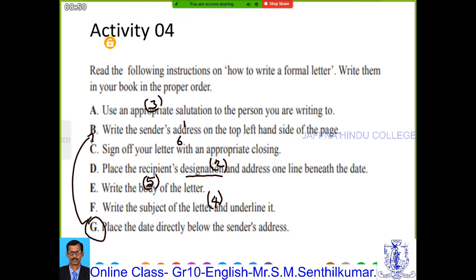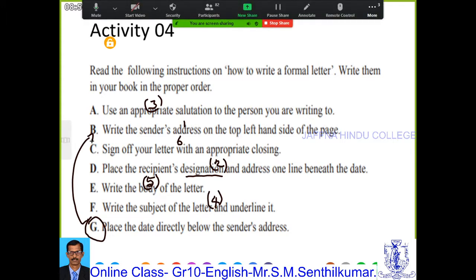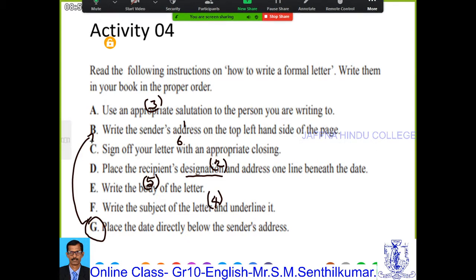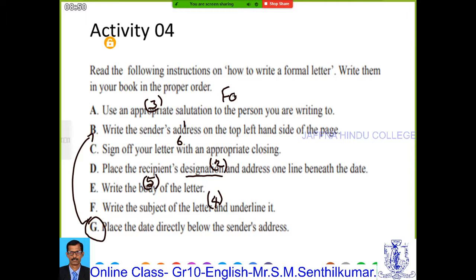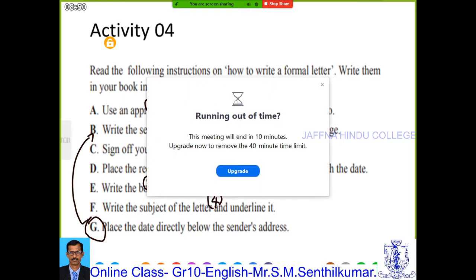Place the date directly below the sender's address. So after that, these are the ideas. This is one of the theoretical aspects. Is it clear? So according to this, this is called the format of letter writing. Is it clear?